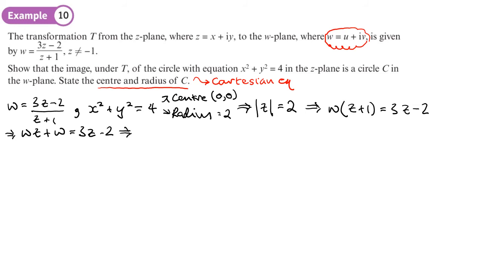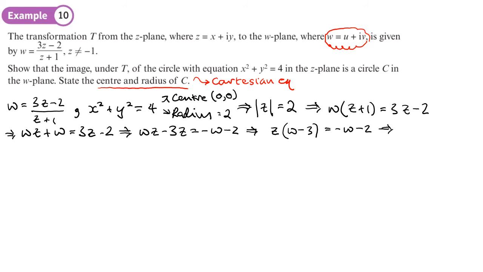Then we'll bring all the z terms to one side, so we'll have wz minus 3z equals minus w minus 2. Next step from this is we'll factorize out the z. So I have z, and then here we will have w minus 3 equals minus w minus 2.